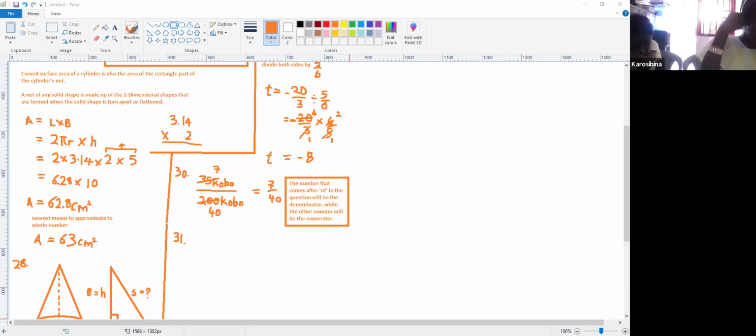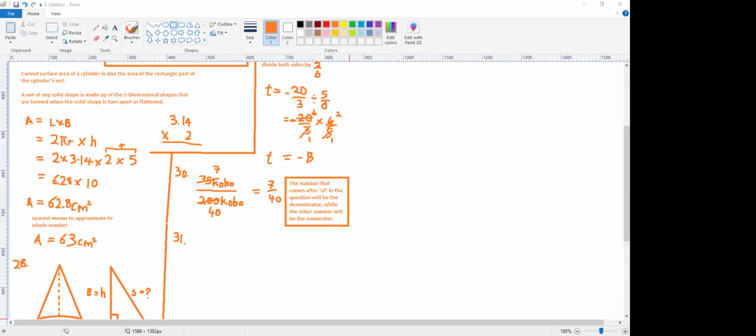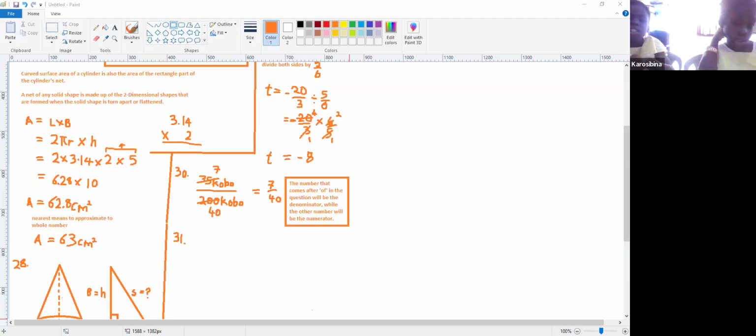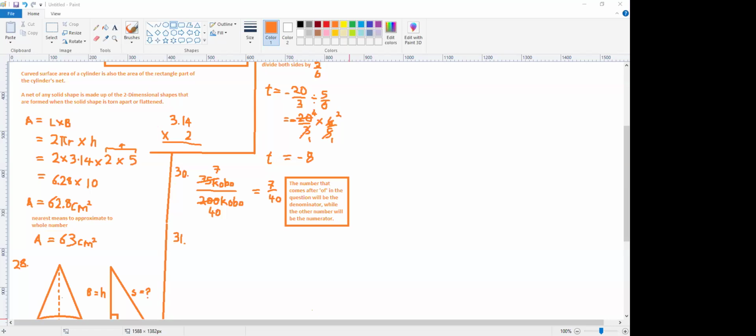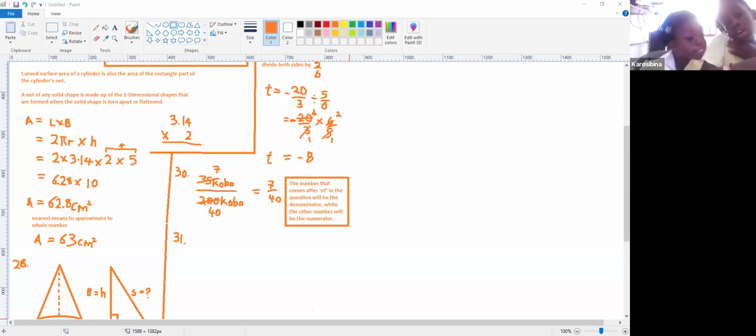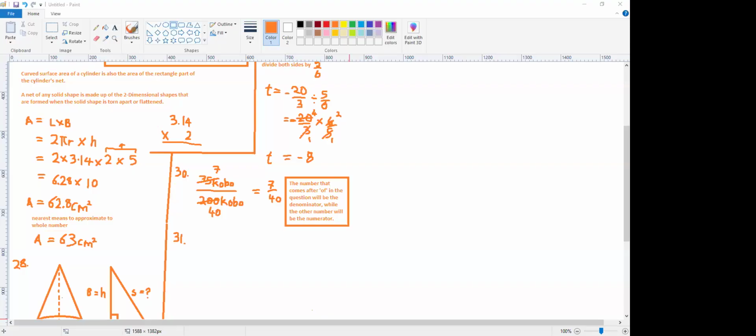Olu, 100 kilometers per hour. And Hassan, 75 kilometers per hour.